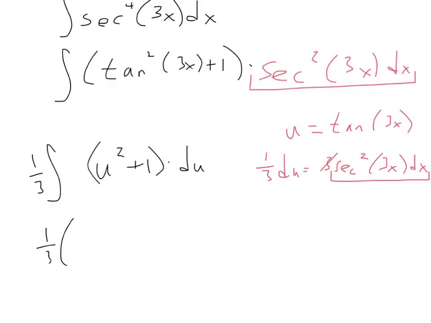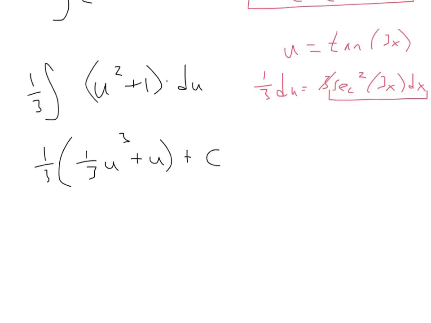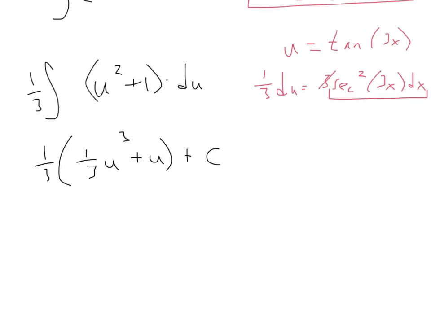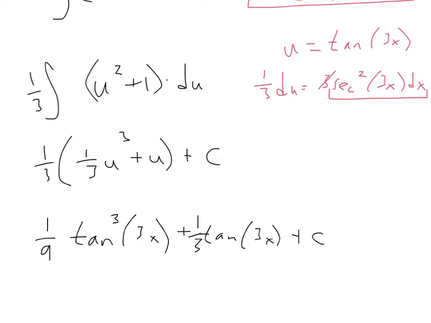So we've got our 1/3, there's going to be 1/3 u cubed plus u plus c, and then the last thing I have to do is put my tangent back in. So this will be 1/9 tangent cubed 3x, plus 1/3 the tangent of 3x plus c.